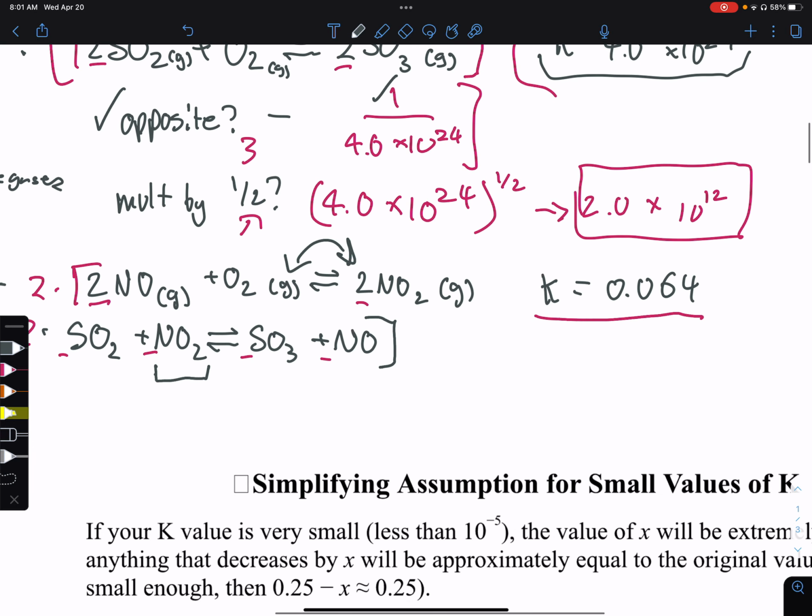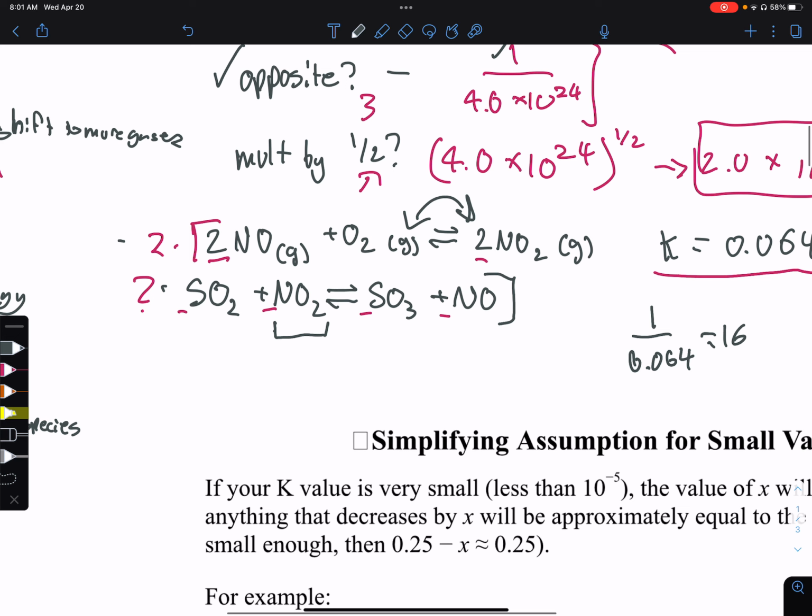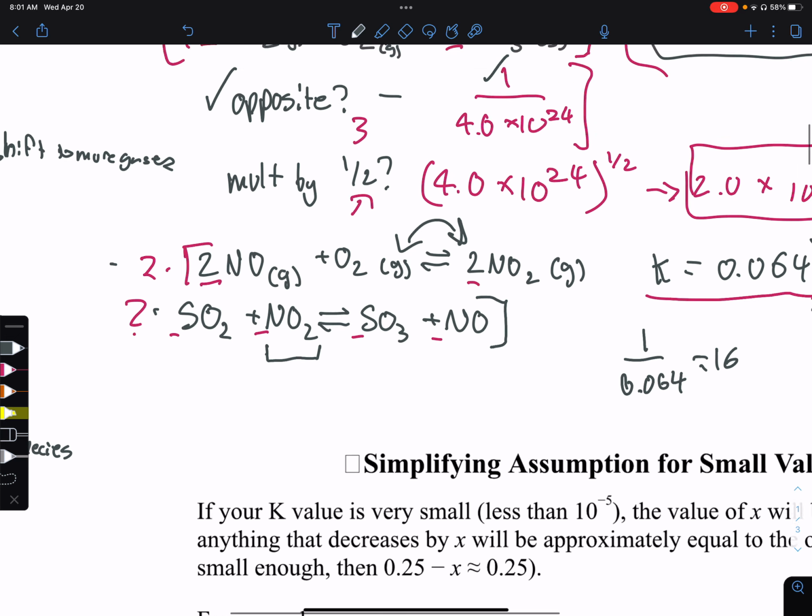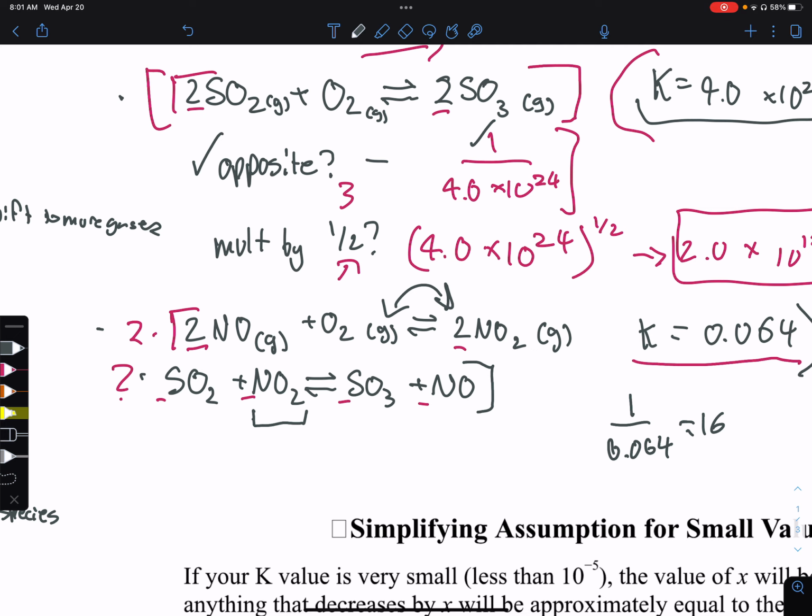So what's 1 over 0.064? If you put that in your calculator, it nicely equals 16, which is fairly large, but we'll just go with it. So now we can add these together.